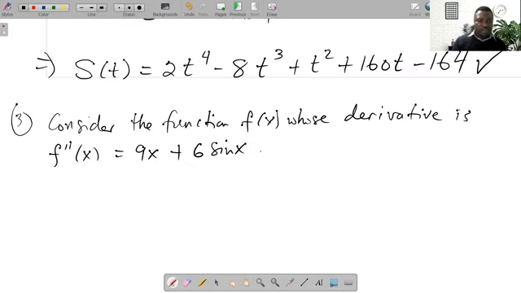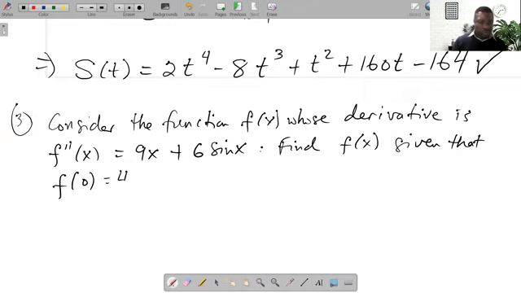And then it says find f of x, given that f of 0 equals 4 and f prime of 0 also equals 4.